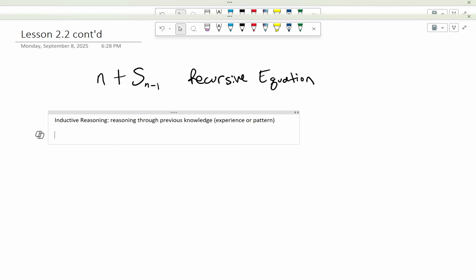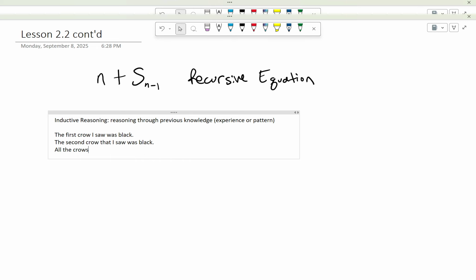Here's a good example of inductive reasoning, something I've used for years and years. The first crow I saw was black. The second crow that I saw was black.